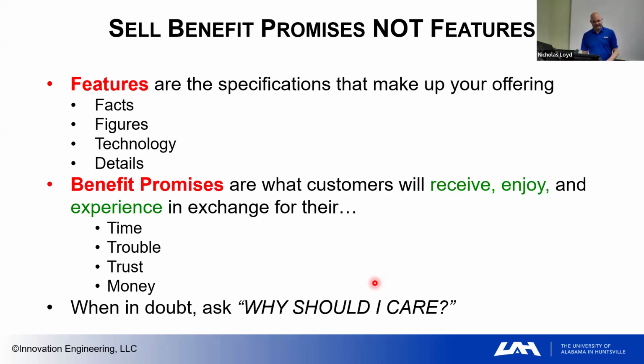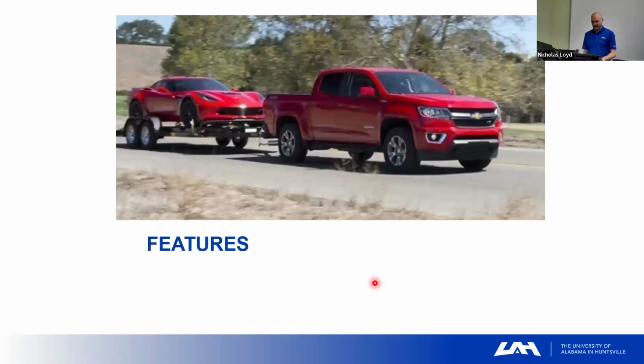Where we need to be selling benefit promises, which tells the customer what they get out of it, what is going to save them, what is it going to get for them. In other words, when in doubt, just always ask, how can I convince the customer that they should care? So selling someone with features would be doing something like this.